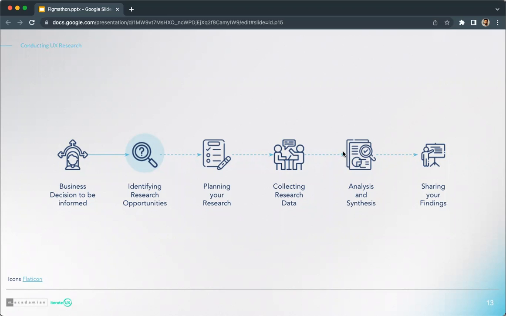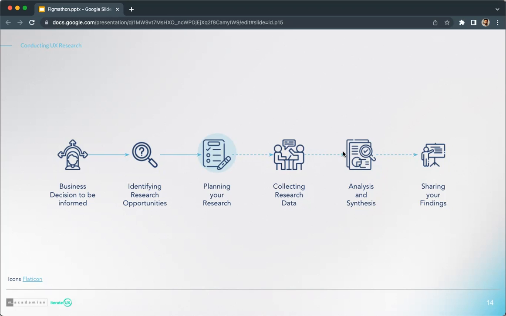Once that is identified, you know what kind of research needs to be done on your team. And that's where you start planning your research. So at this stage, what you're doing is writing a research plan. A research plan is just a document that illustrates what the business goals are, what the research goals are based on those business goals, and what research is going to try and uncover.